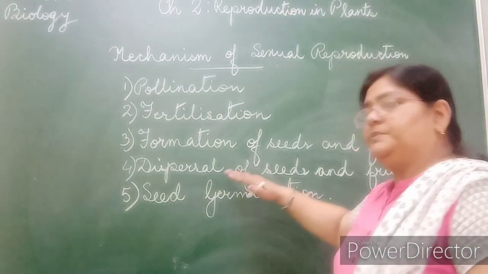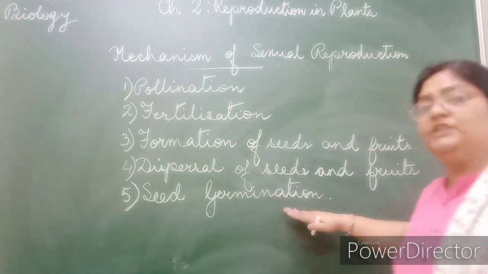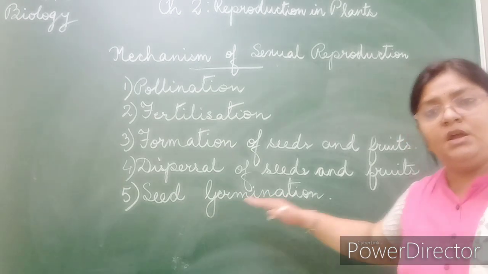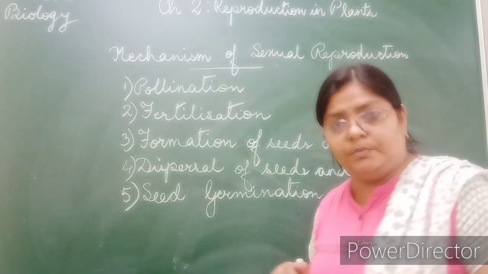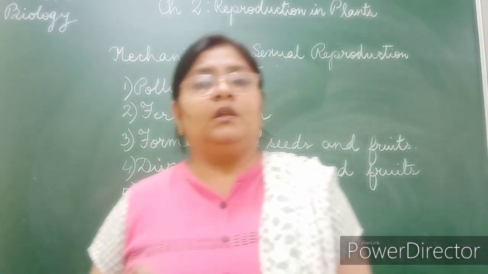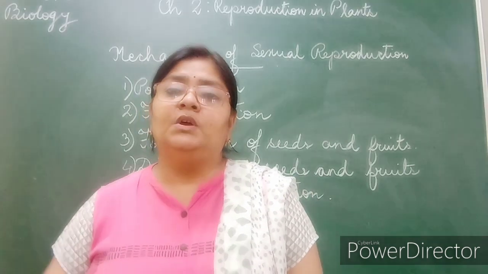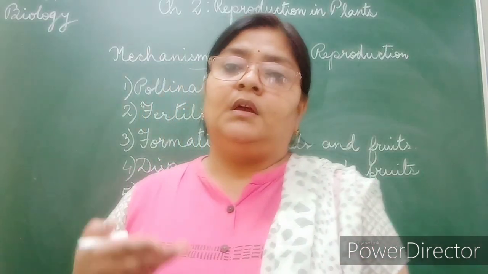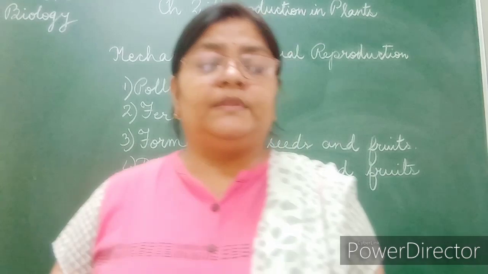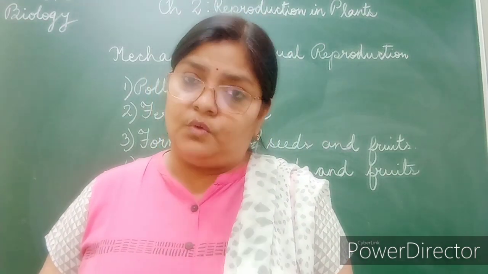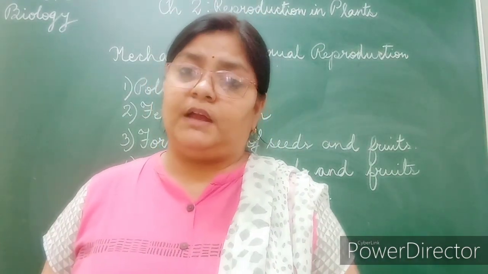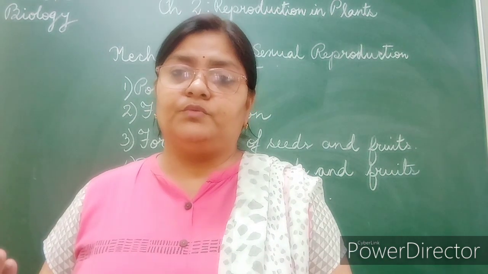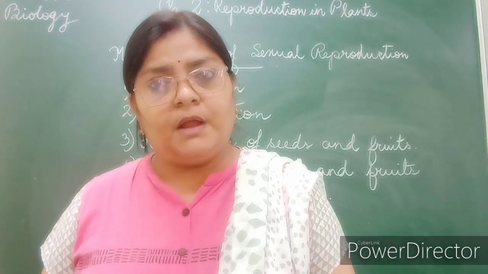So after dispersal, the seeds germinate, that is, they grow into a new plant or a seedling. A small plantlet is formed which gradually, with the conditions that they need for their growth, if everything is fine, grows into a new plant.